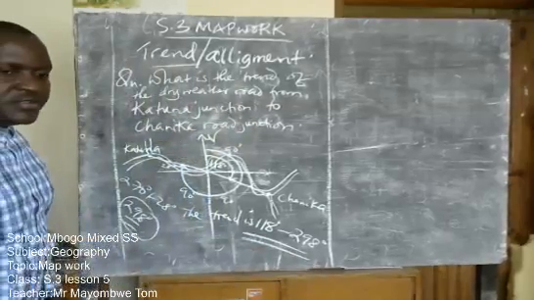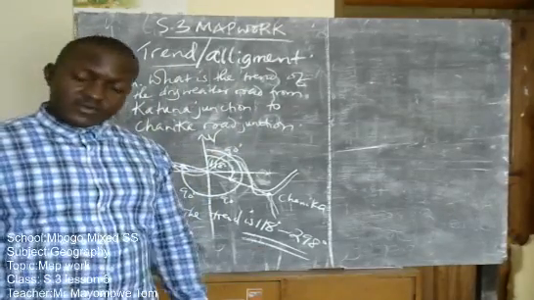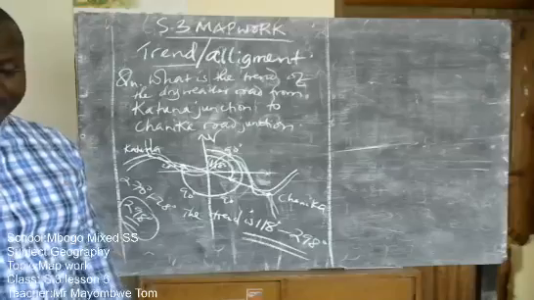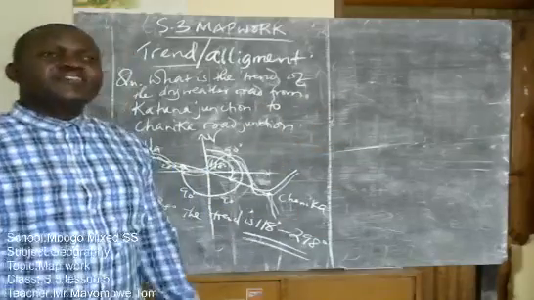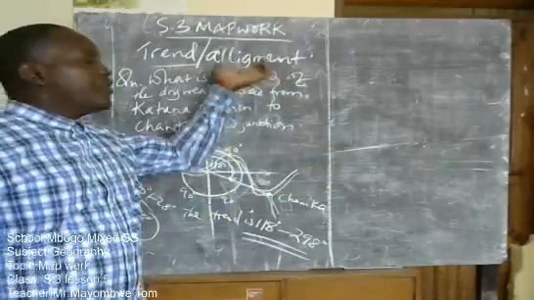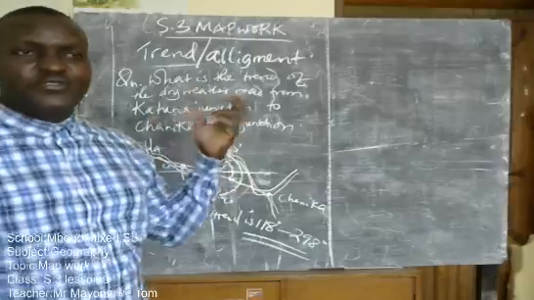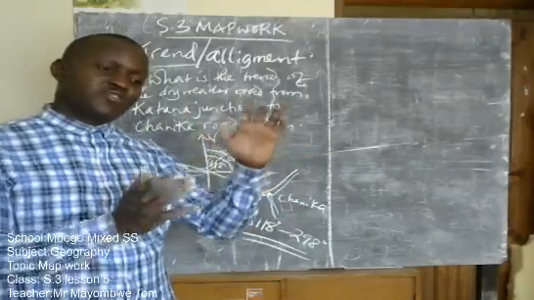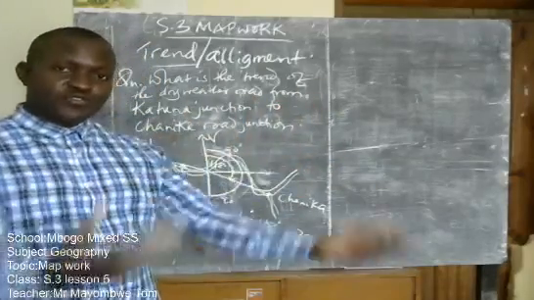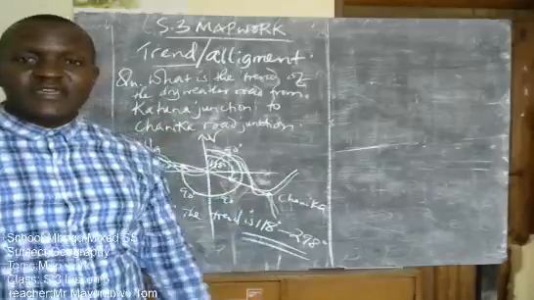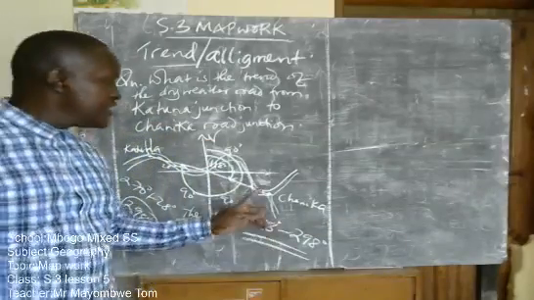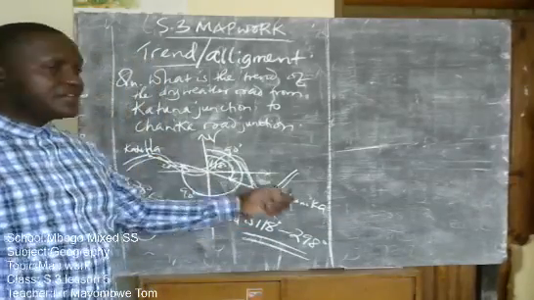I told you trend is given between degrees. I repeat, in finding the trend or alignment, you must know these two words. If they don't use trend, they may use alignment. So you first identify the two places on the map extract.